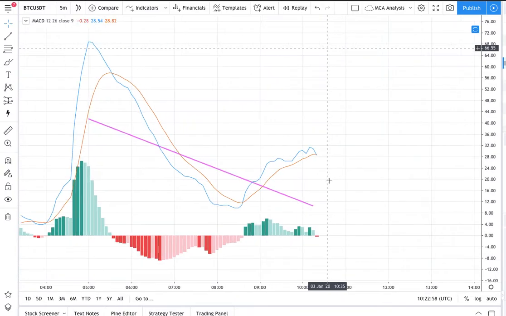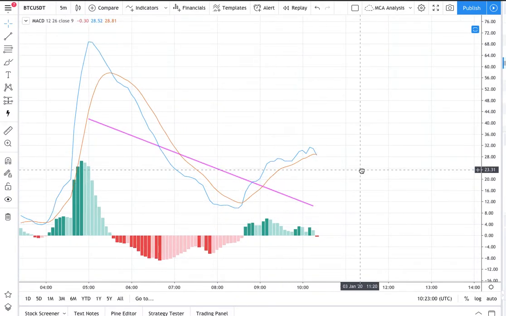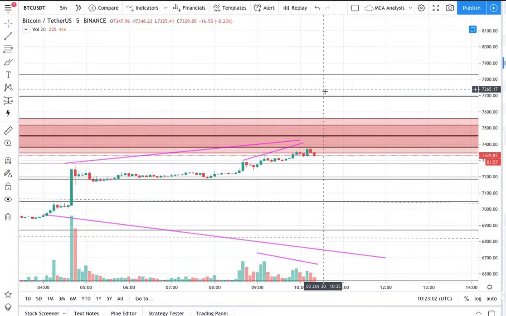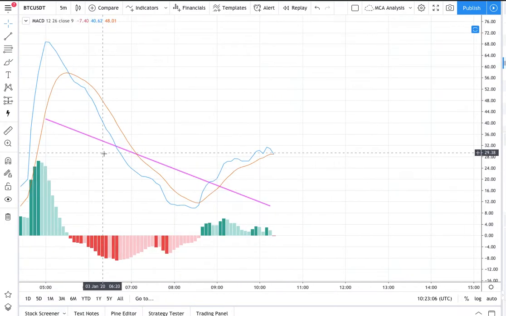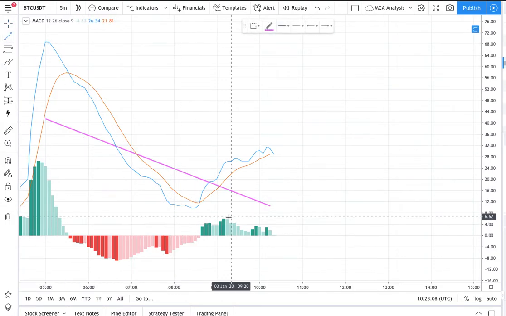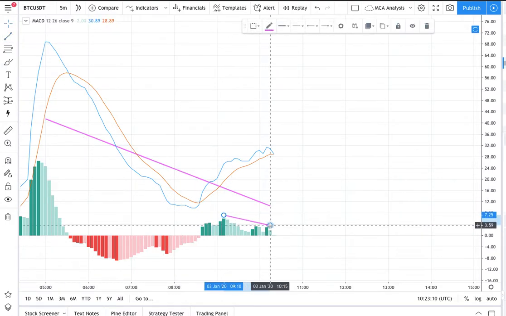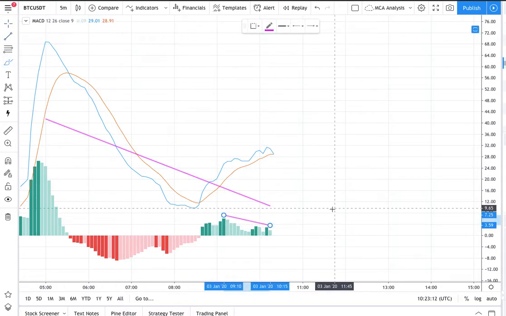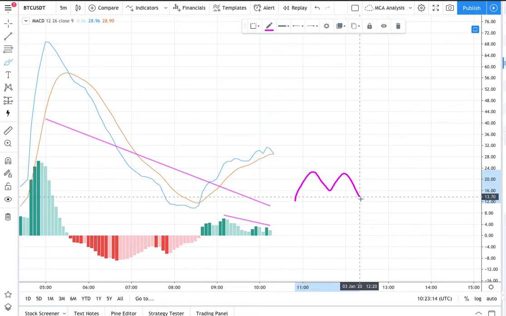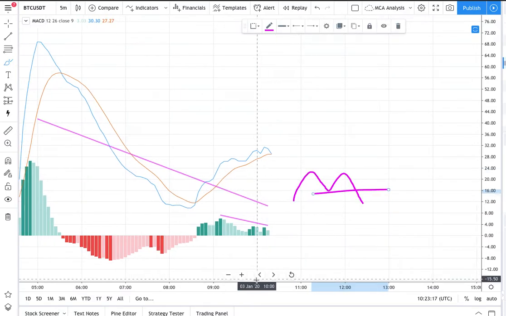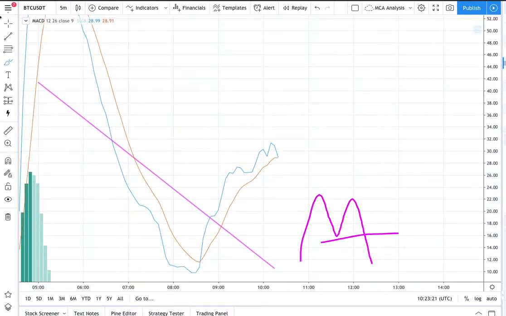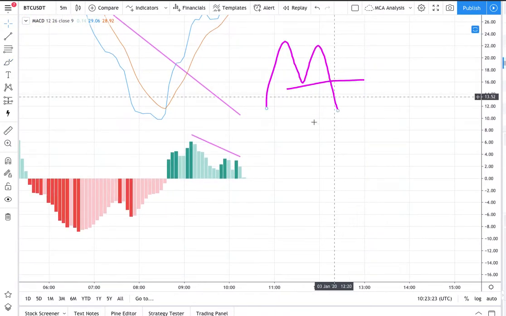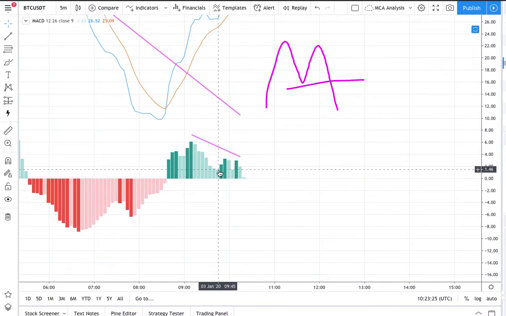And on the MACD right here, you can see we made a higher high here, and MACD on this little divergence here is now broken. So again, we're looking for market structure M's. Right here you can see this bar broke this bar.